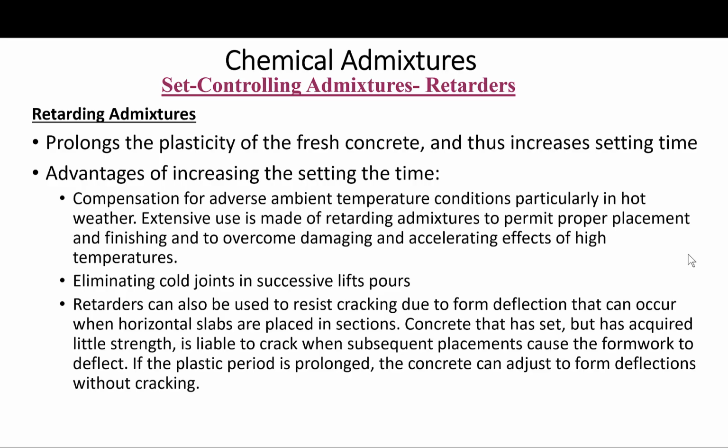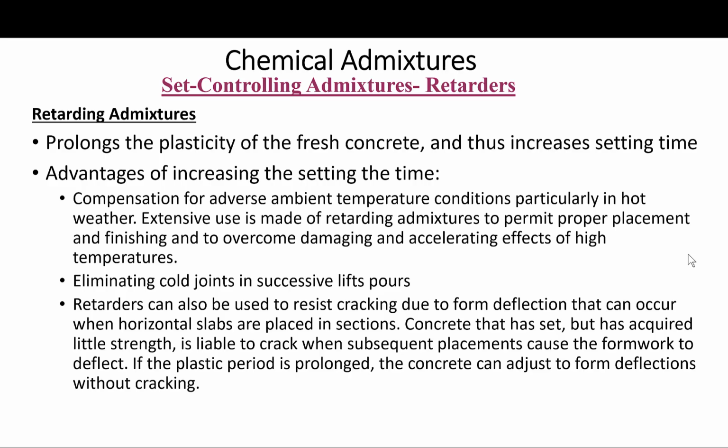Before we talk about the admixtures, let us first review the definition of setting, just for refreshment. The definition of setting is basically the beginning of solidification. At the initial set, the paste becomes unworkable, so the placement, compaction, and finishing of concrete beyond this point becomes difficult, which is about 4 to 6 hours at 23 degrees Celsius or 70 Fahrenheit.